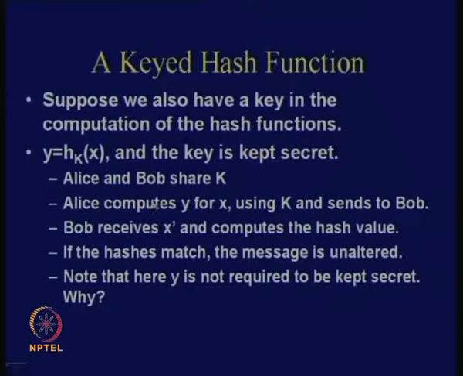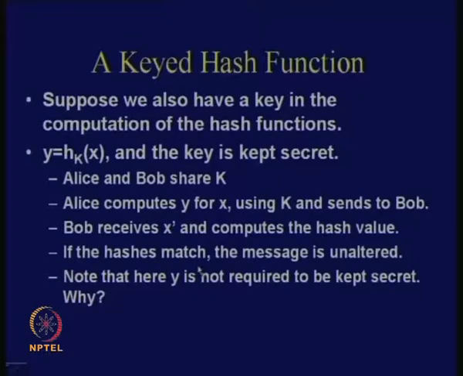So what Alice does is that Alice computes y for x using k. So what is y? y is h_k(x). And she sends it to Bob. Now Bob receives the value x'. And he computes the hash value, because Bob also knows the corresponding key, right? And therefore he can compute the corresponding h_k(x) value.